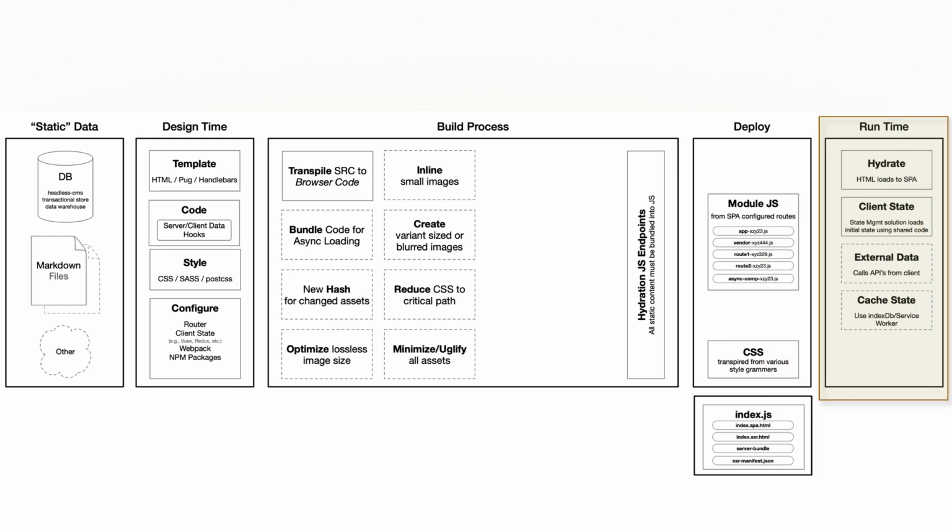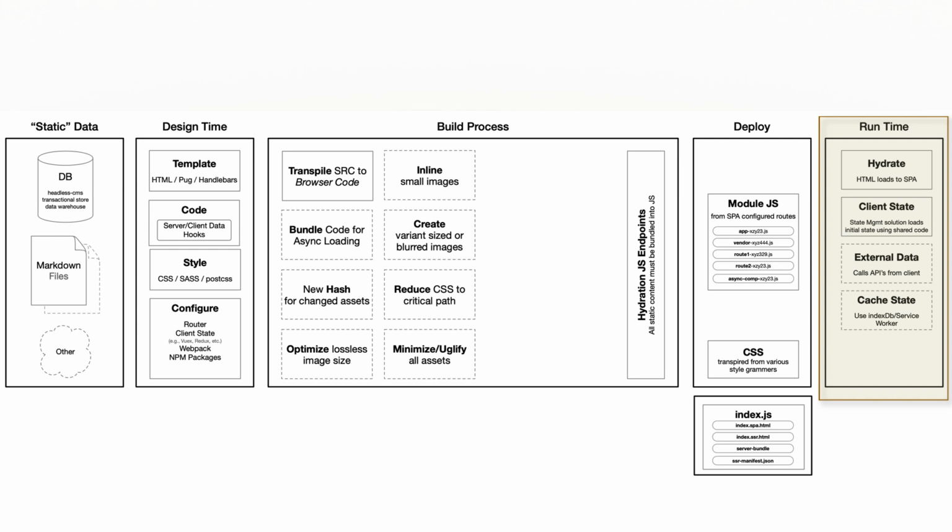So finally at runtime, we load the HTML, we hydrate it to an SPA. We can then load up the client state. So if you're using Vue, you might use Vuex to load up the client state. And you may also decide to cache a bunch of information in a service worker or maybe just IndexedDB.